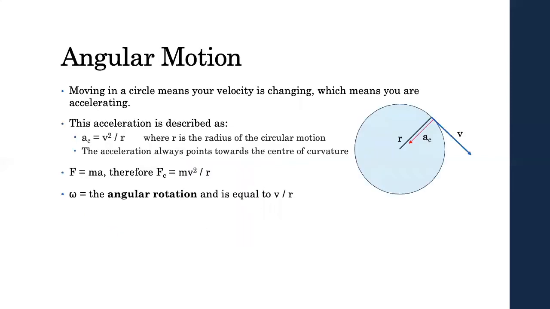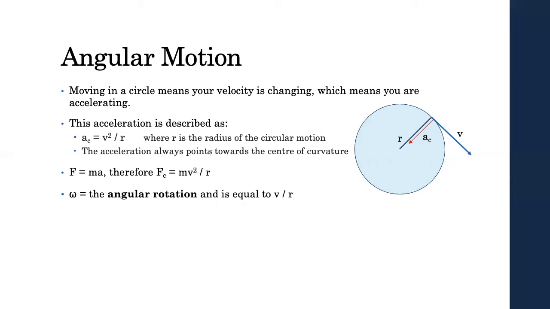Angular motion. Moving in a circle means your velocity is changing because it's changing direction, which means if you're changing direction, you're accelerating. This acceleration we describe as speed squared divided by the radius of curvature of the circular motion.